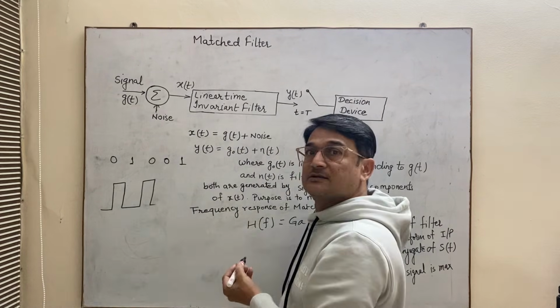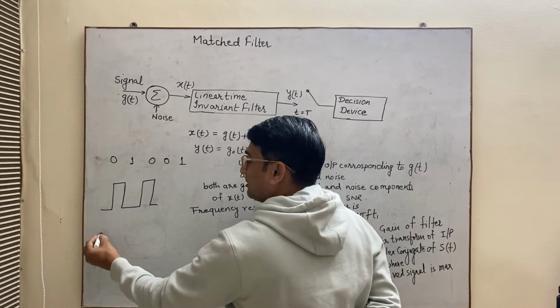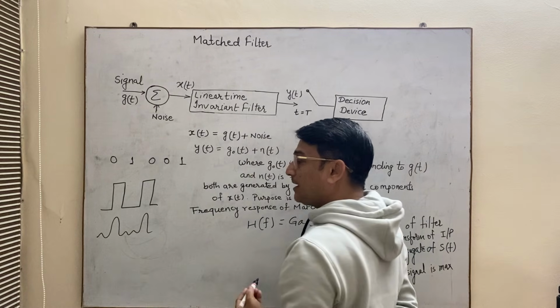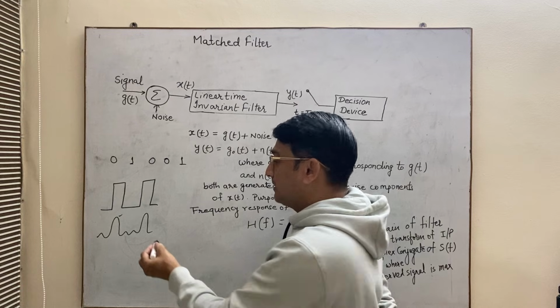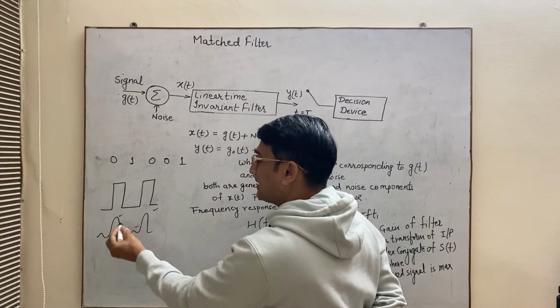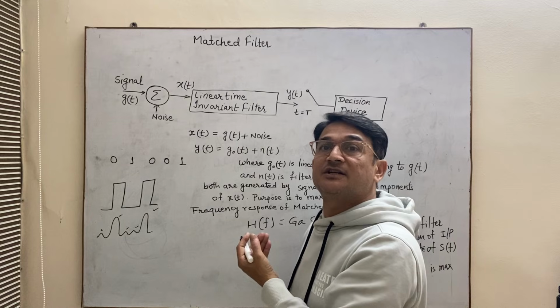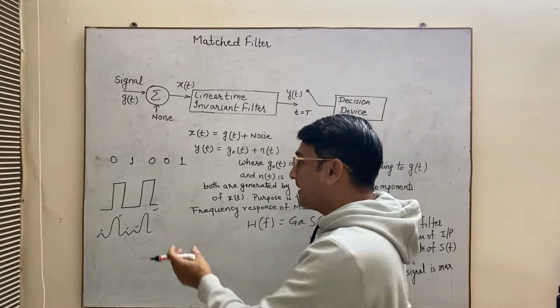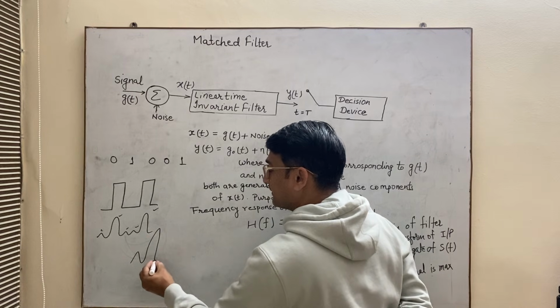When it is passed through the channel, the signal will be something like this. This should be the ideal signal. That means this is bit 1, this is bit 1 and these are bit 0. But what happens when it passes through the channel? Some noise which is already present in the channel will add up to this and make the signal something like this.